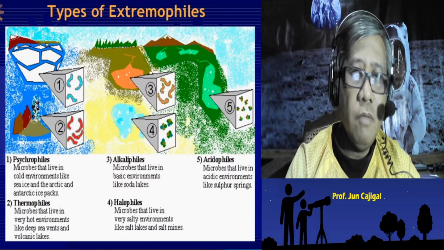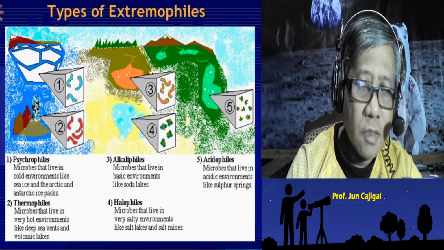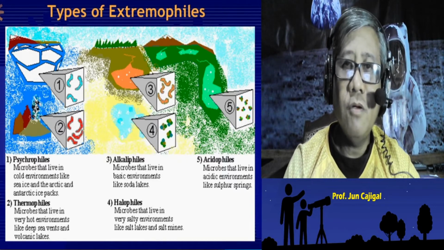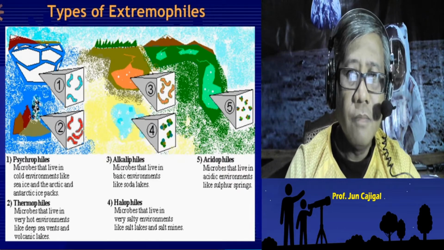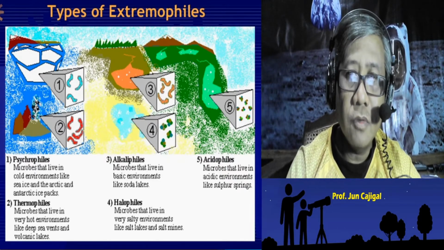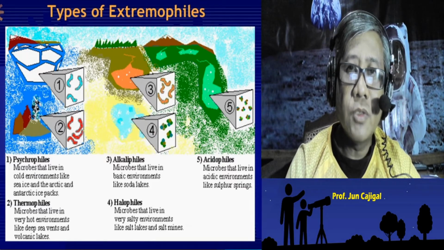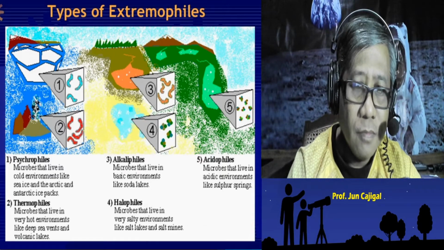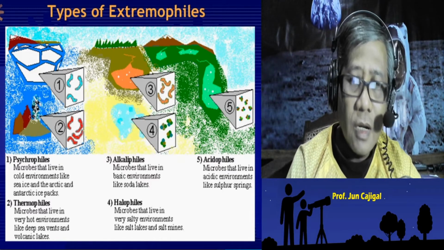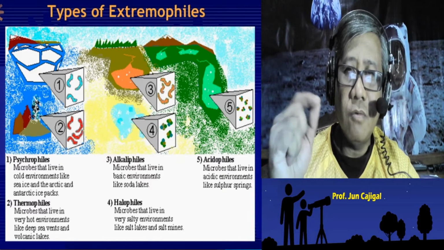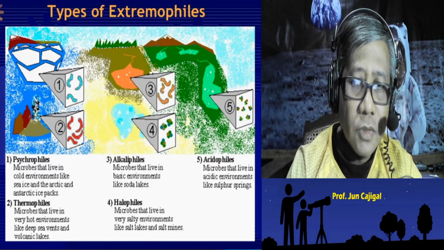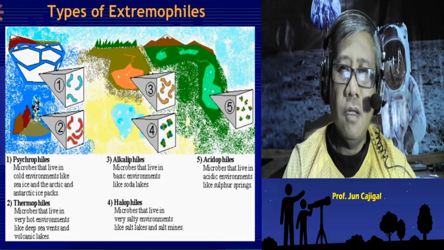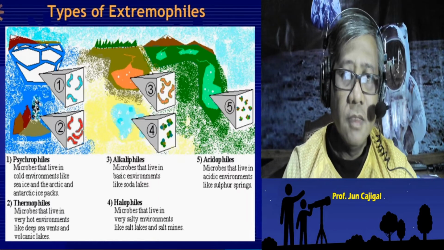Okay, so we have your examples of extremophiles like thermophiles. So pag sinabi nating thermophiles, they can exist in extreme temperatures. So they can even survive inside the crater of the volcano. Or halophiles. So these are organisms that can survive in very salty conditions, like in the Dead Sea.